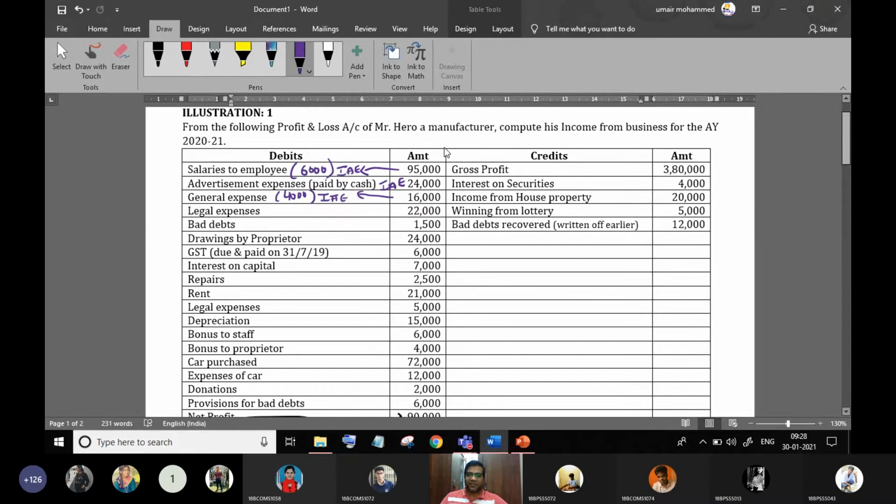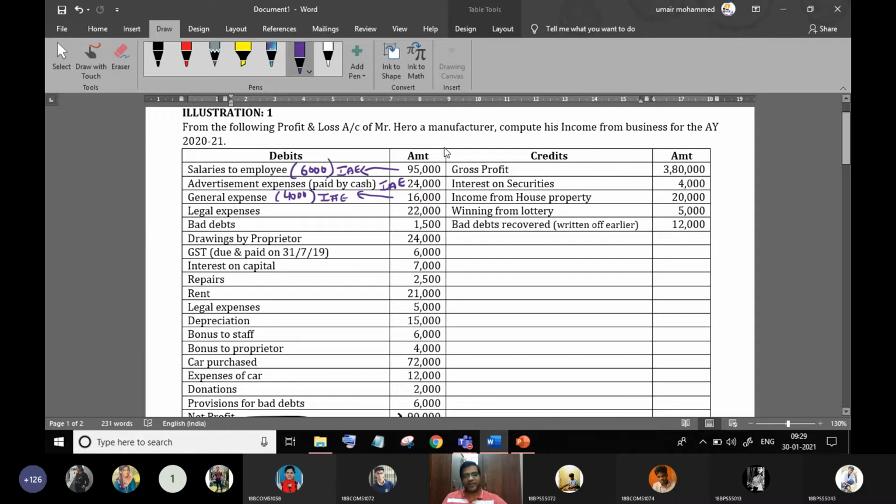In order to frame the terms and conditions of the bills, you need a lawyer, for which you pay fees, which is considered as legal expense. So you need a legal expert to help you in routine transactions in matters of law. So there's nothing wrong when you pay fees to a lawyer who has given services for your business. It is obviously a business expense, right? So there's nothing wrong in this.